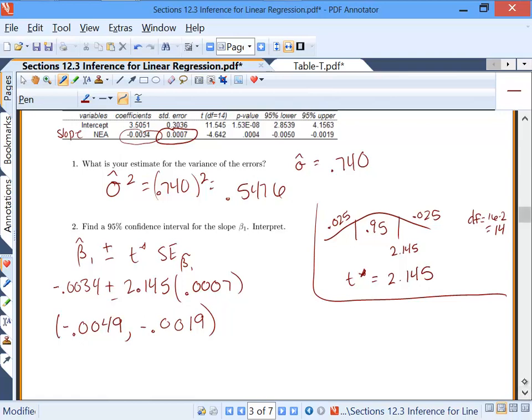So I got negative 0.0049 to negative 0.0019. Notice that does match the results given in the computer output, just accounting for rounding.